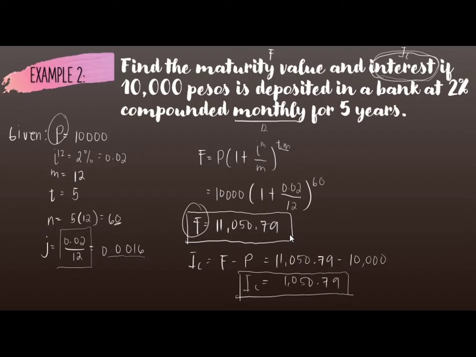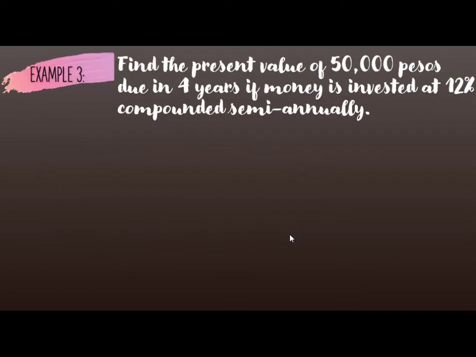So, next tayo. Find the present value of 50,000 pesos due in 4 years if money is invested at 12% compounded semi-annually. So, dito ang nawawala naman is yung P, yung present value or yung principal. Okay, so ano-ano ba yung given?